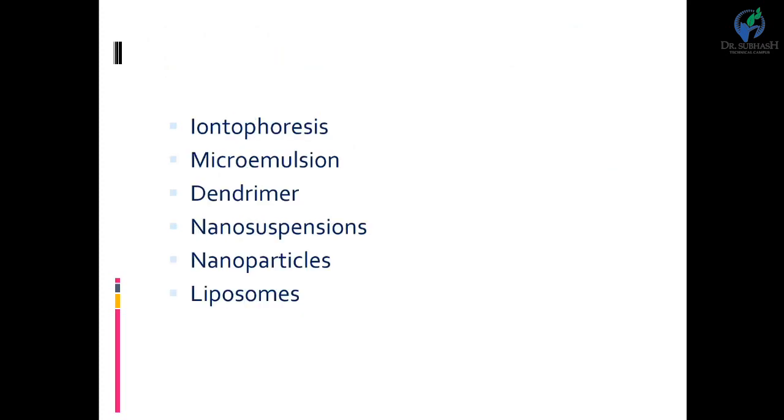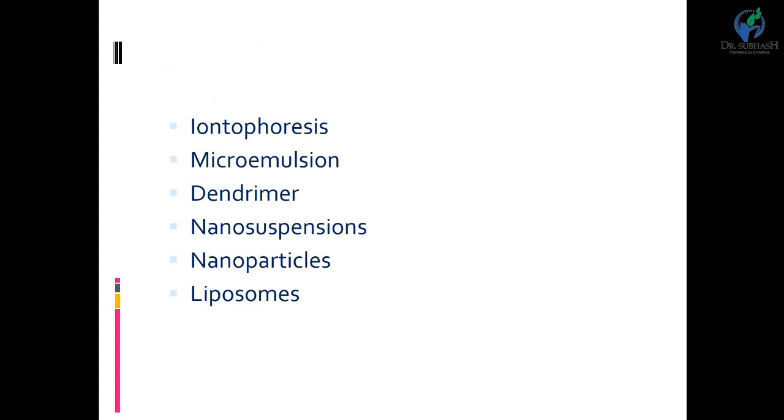Other ocular controlled systems are also used, similar to implants, like iontophoresis nowadays. Many inventions and much focus are going into these ocular controlled systems, and they are given much importance. One of them is ocular iontophoresis.